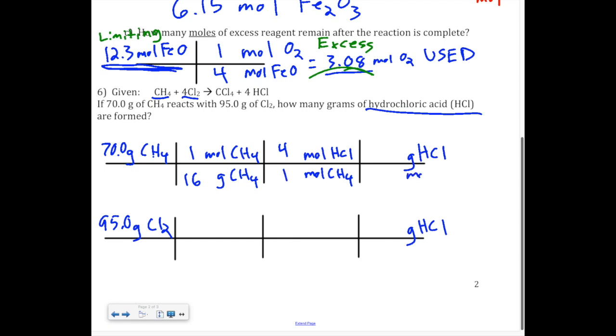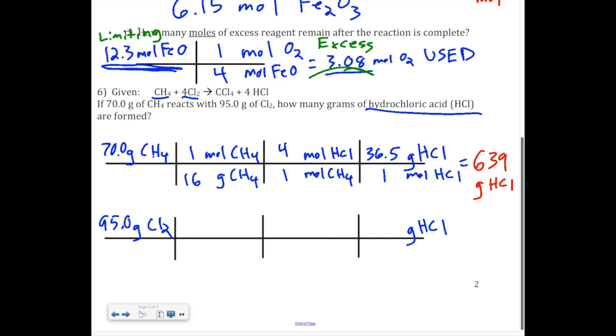Then change moles of HCl to grams, and the molar mass of HCl is 36.5 grams per 1 mole. Okay, and this final answer is going to come out to 639 grams of HCl. That's a lot of HCl.